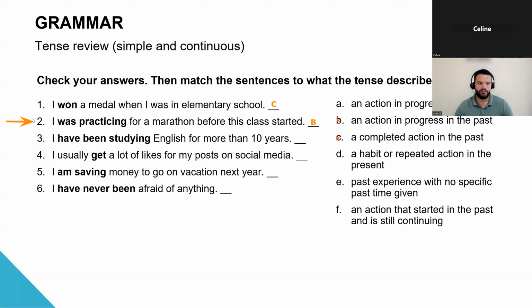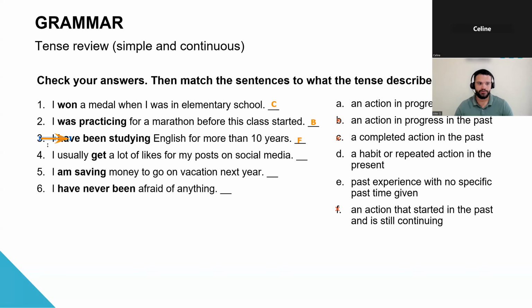Perfect. Number 3, I will help you with number 3. Number 3 says, I have been studying English for more than 10 years. Okay, this one is going to be F, an action that started in the past and still is continuing. So this is F. We'll cross out F. What about number 4, Celine?